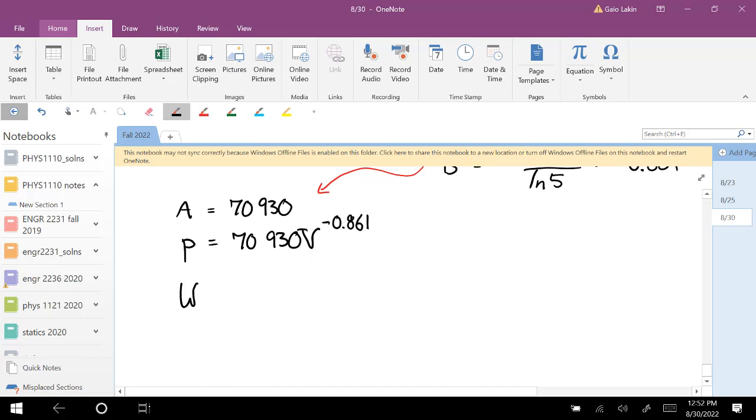And so the work is the integral from the starting volume to the finishing volume, so from 0.3 to 1.5 of 70,930 times V to the negative 0.861 dV.